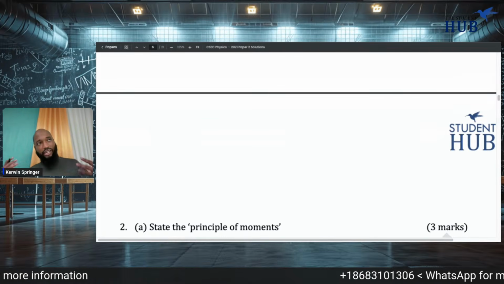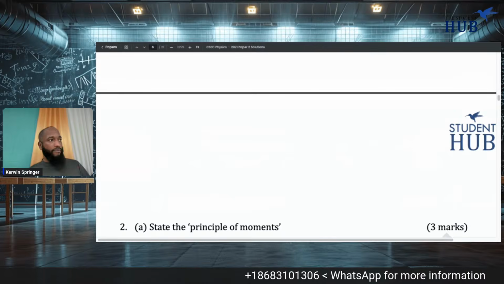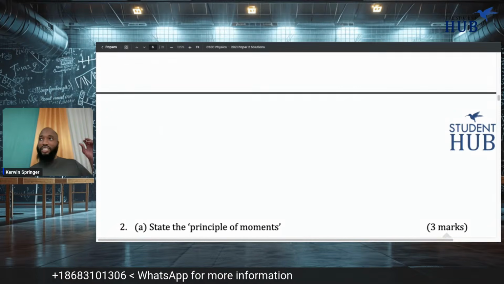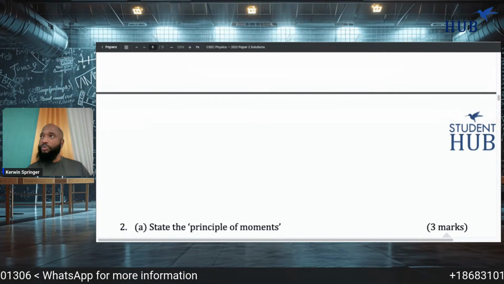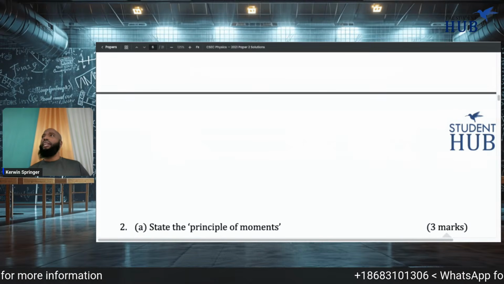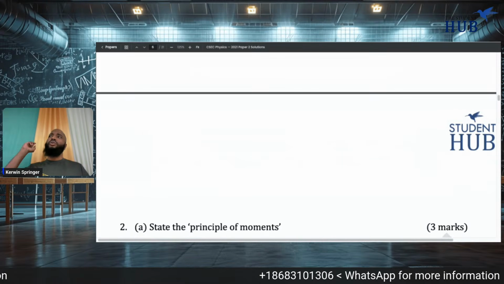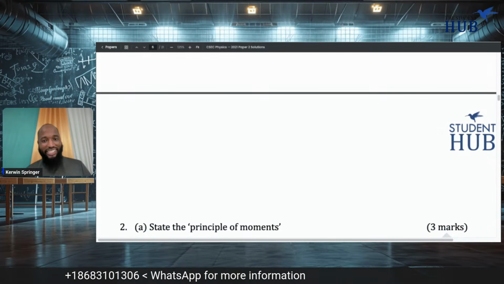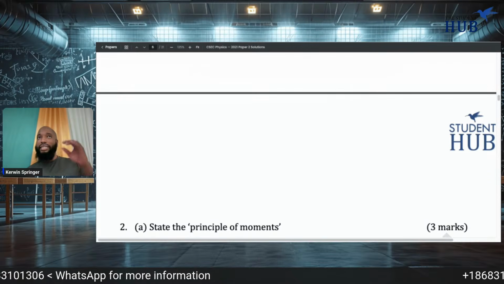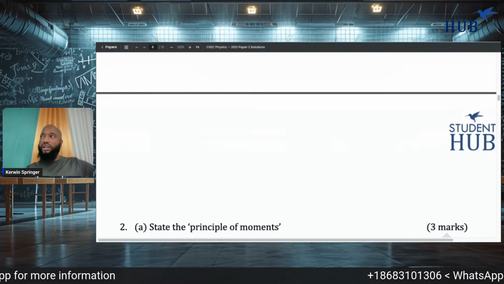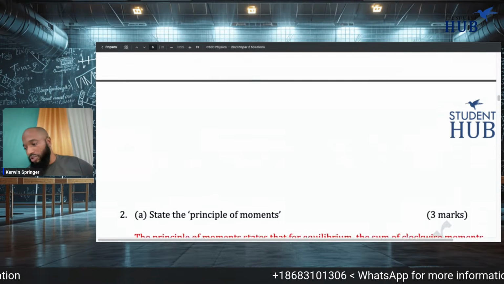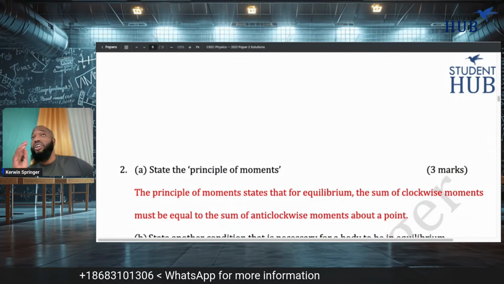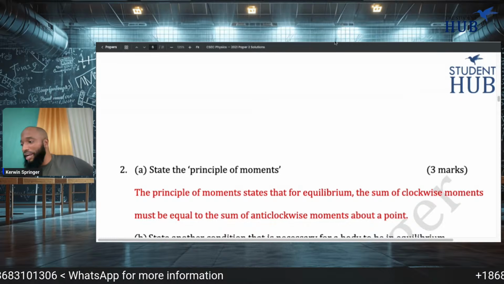The sum of the net forces in a system equals 0. That's not the principle of moments. That's just a condition for static equilibrium. What is the principle of moments? And then somebody said momentum. They said the total momentum before collision. So the principle of moments is that the total anti-clockwise moments equal the total clockwise moments. That's a condition for equilibrium. Get the mind map right with this, people.